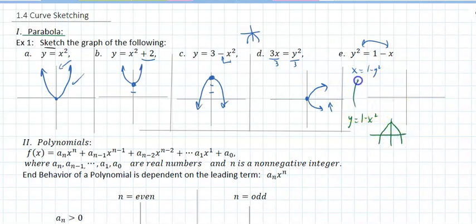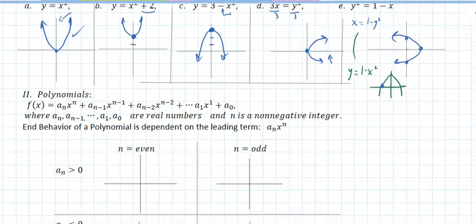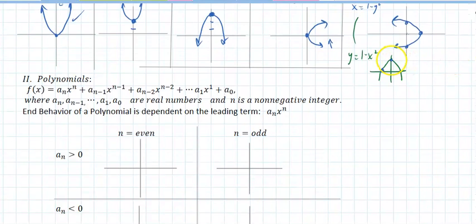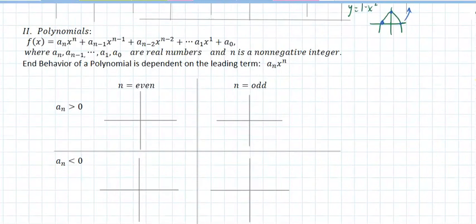And if you switch x with y, the point 0, 1 becomes 1, 0. The point 1, 0 becomes 0, 1, and the point negative 1, 0 becomes 0, negative 1, and the graph looks something like this. So anytime you have a sideways parabola, you could switch x with y. Once you graph it, pick the main characteristic points and switch x with y.